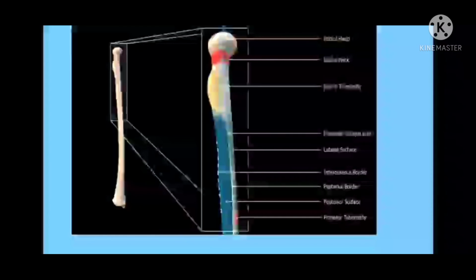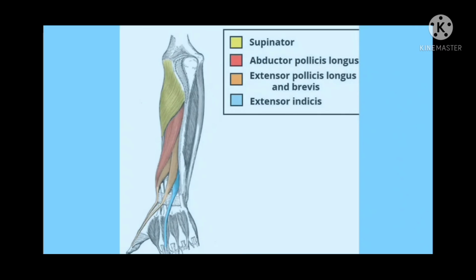Flexor pollicis longus, the muscle of the thumb, also arises from the upper part of the anterior surface. And last we have the pronator quadratus, which originates from the ulna and gets inserted into the medial portion of the lower surface or lower border, which helps in pronation of the bone.